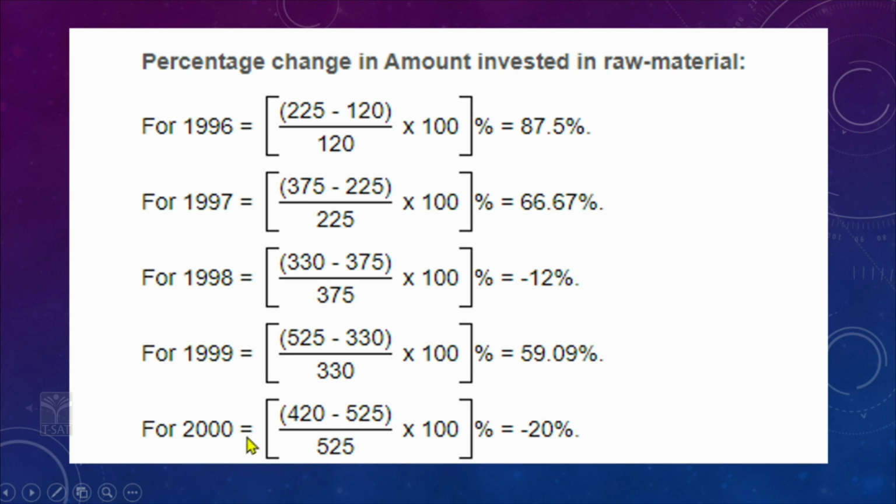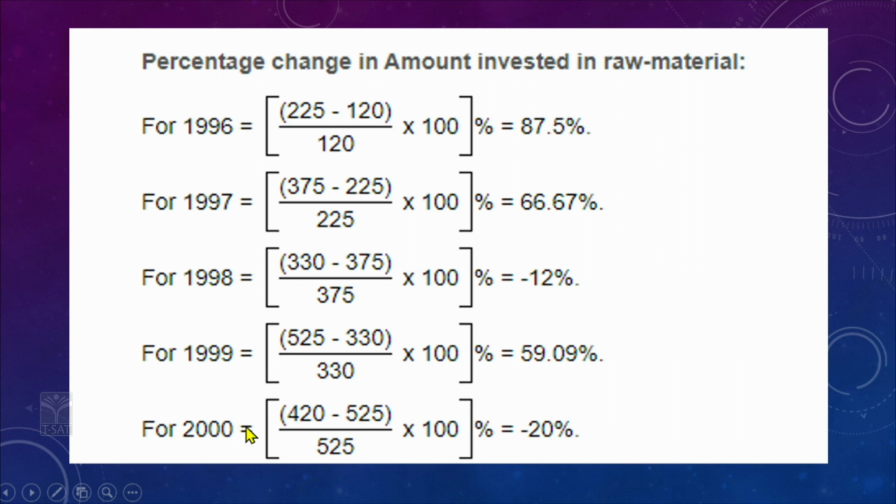In 2000 it is 420 minus 525 by 525, which is minus 20%. So, which is maximum? It is 87.5%.